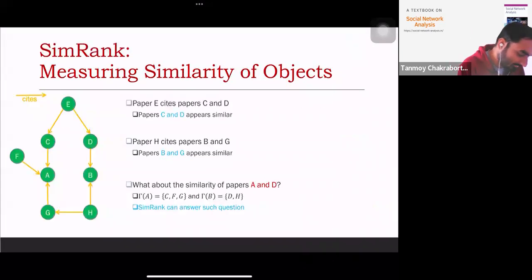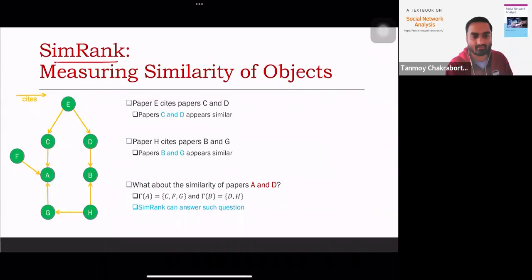So SimRank is a very simple yet very effective measure. Now let's consider this graph. Assume that this is a citation network where paper E cites papers C and D, paper C cites A, paper D cites B, and so on.